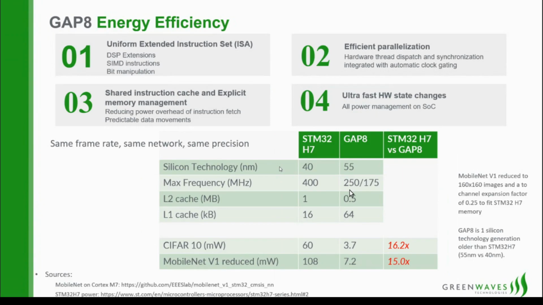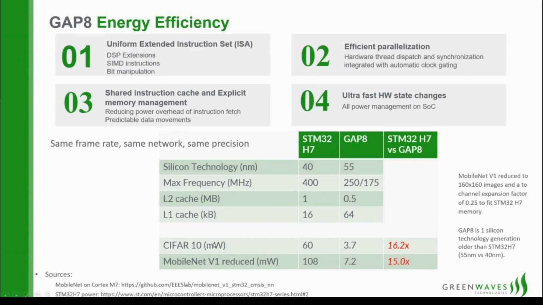GAP8 is done in 55 nanometer, so it's an older technology than the STM32, and we can see that the milliwatts for CIFAR10 are 60 for the STM32 in relation to GAP, which is 3.7, so it's 16 times less power.